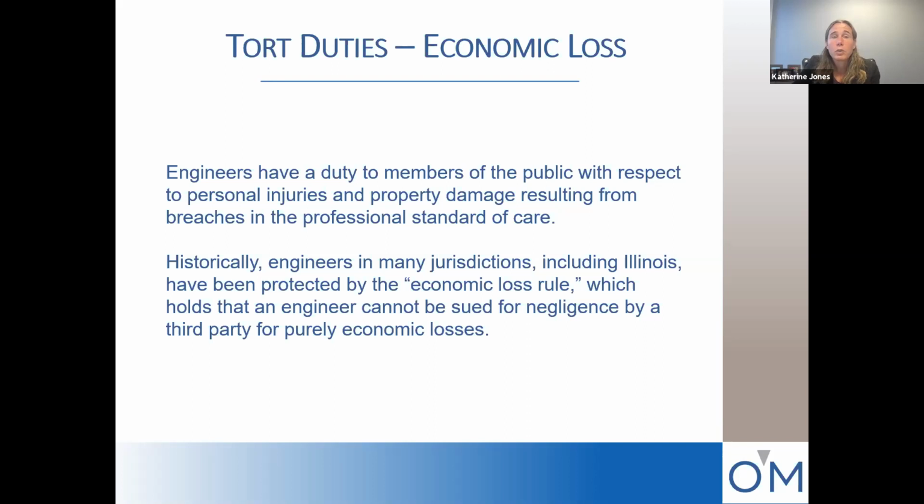Let's go back to our hypothetical where the owner contracted with the architect and the architect contracted with the engineer. The owner in that situation doesn't have a contract with you, and therefore the owner cannot sue you in most circumstances for their damages because their damages are purely economic in nature.